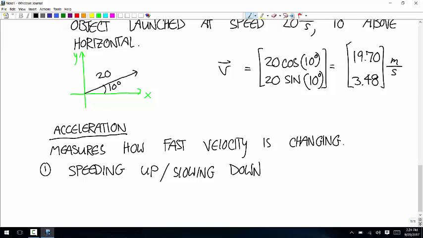And that was the only way that something could accelerate in one dimension. But now there's a new way that something can accelerate. In 2D, there's something going on that didn't exist in 1D. The velocity is changing, even if the speed stays constant, if the thing is turning.